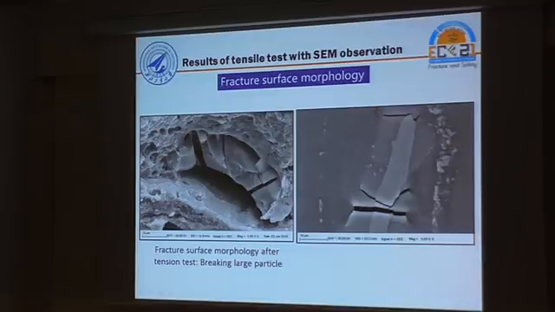After the tensile test, we conducted the fracture surface morphology test. Then we give corresponding pictures between the tensile test with SEM observation and the fracture surface morphology test.